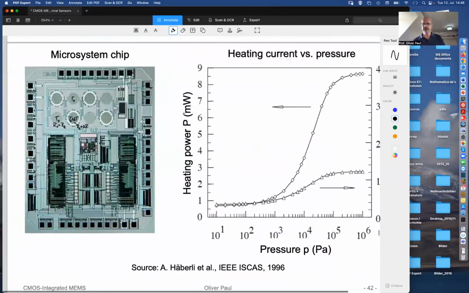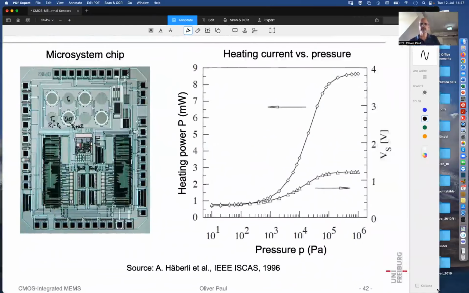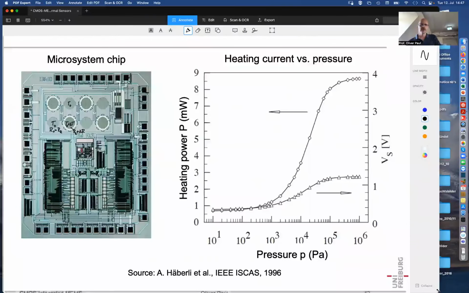And when you look at the characteristics, here we have again some outputs as a function of pressure that mimic what we already know. Some Vs as a function of pressure, which is this S-shaped function, saturating, because the thermal conductivity saturates.